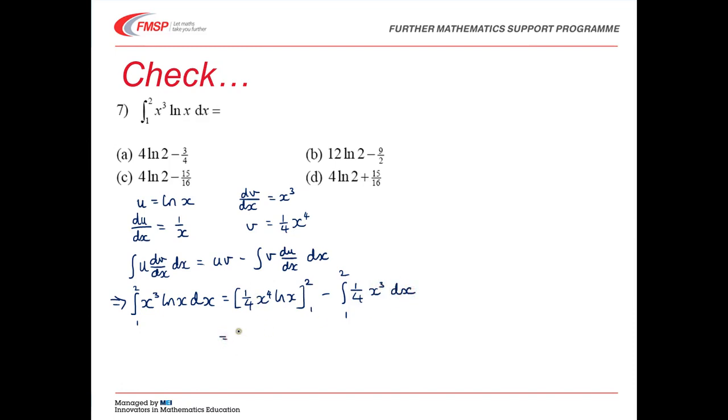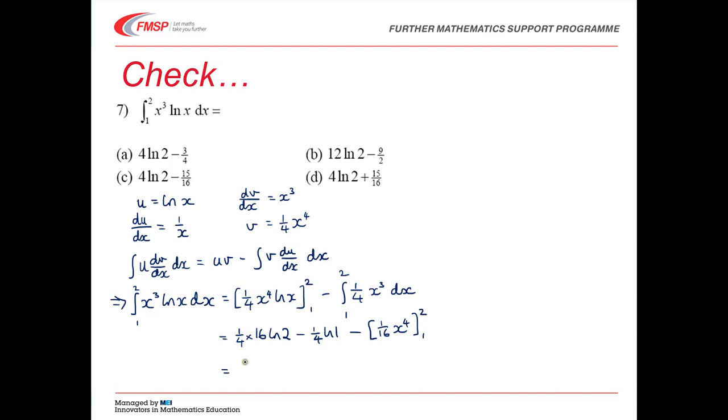So evaluating, that's a quarter times 16 log 2 minus a quarter log 1. Take away, that's 1/16 x to the 4 evaluated from 1 to 2.